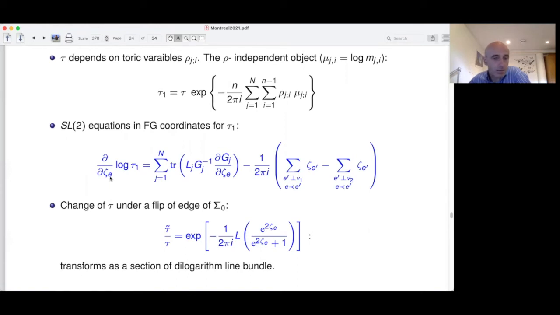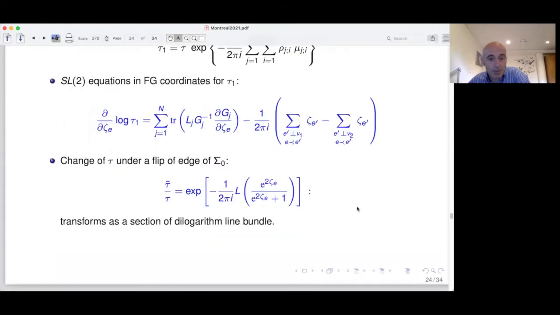Then, if you want to differentiate it with respect to the Fock-Goncharov coordinate, you have this very simple formula, and the counter term is really easy. If this edge connects vertices V1 and V2, then we have this main term where g's should be differentiated with respect to zetas, and the counter term is just the sum of zeta variables corresponding to vertex V1 minus the sum of zeta variables corresponding to the second vertex.